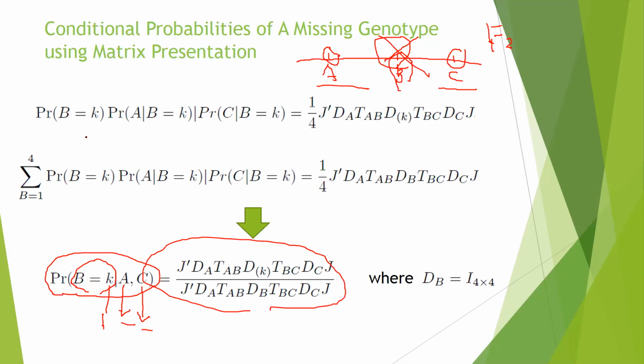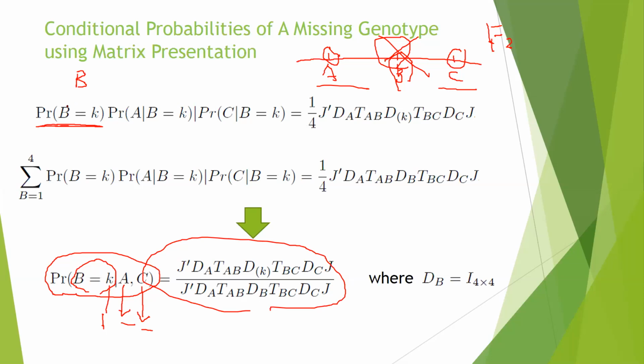By using Bayes' theorem, we treat B as the starting point of the Markov chain.